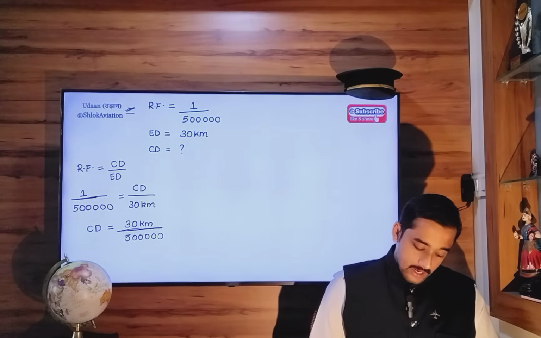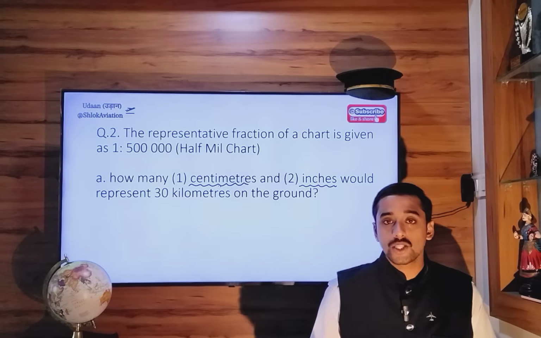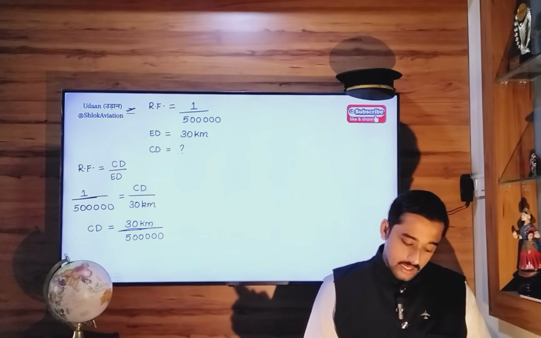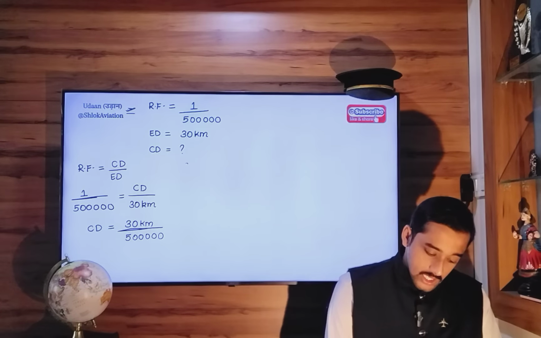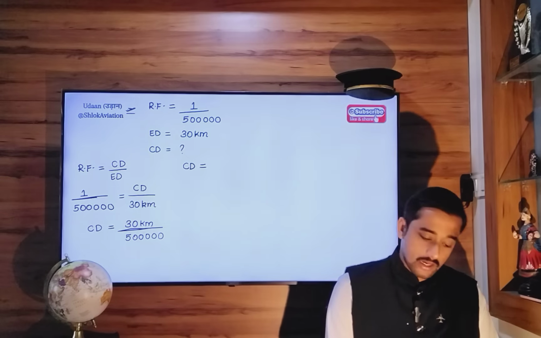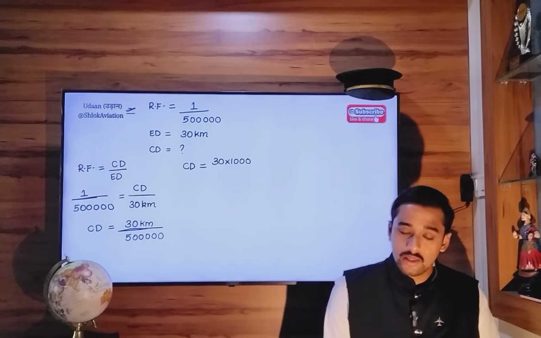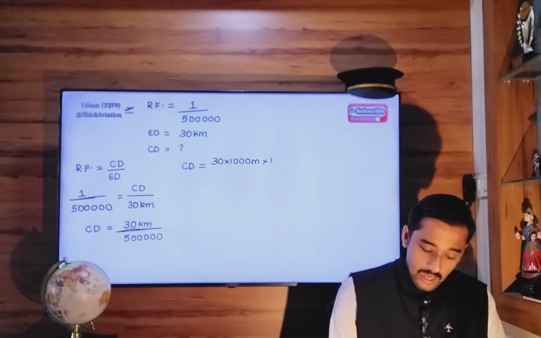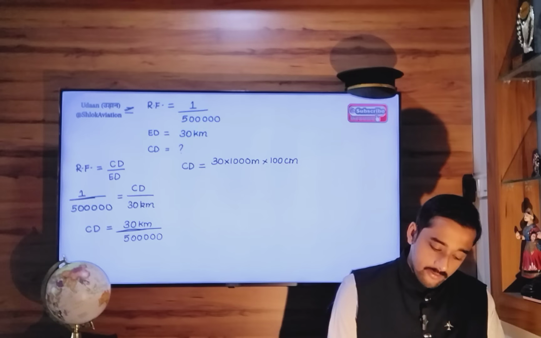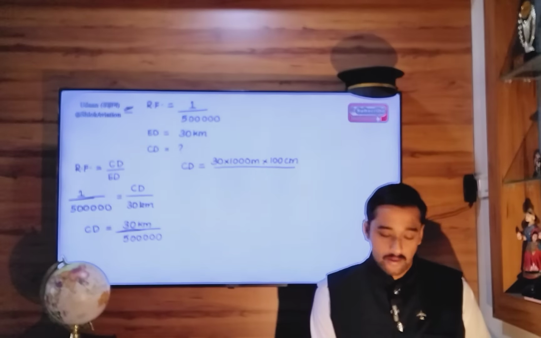Now we want the final answer in centimeters, not kilometers. So let's first convert the numerator, which is 30 kilometers, into centimeters. So chart distance will be equal to 30 kilometers. 1 kilometer is 1000 meters, so 30 into 1000. Now 1 meter is 100 centimeters, so multiply by 100. Now we have introduced the unit of centimeter in the numerator.